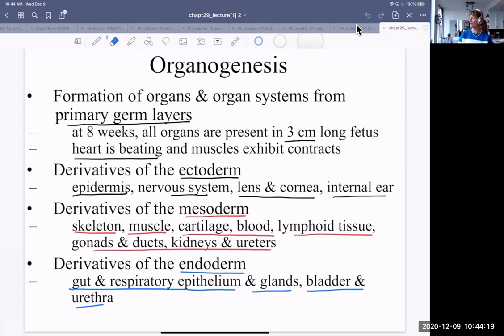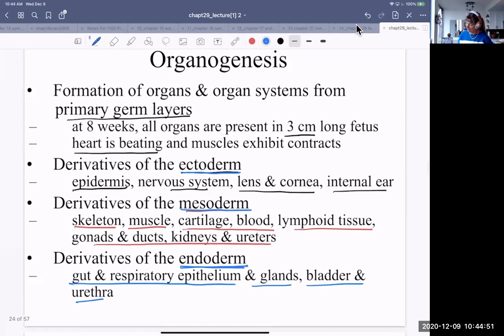The placenta starts to form, and the later stages of development are neurogenesis. So that's the development of the nervous system, and organogenesis. So that's the development of organs and organ systems from the primary germ layers, which we discussed last time, which include, of course, ectoderm, mesoderm, and endoderm. Organogenesis.